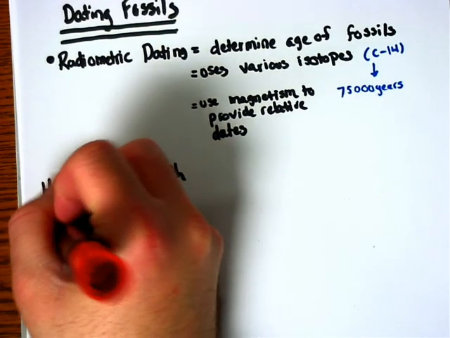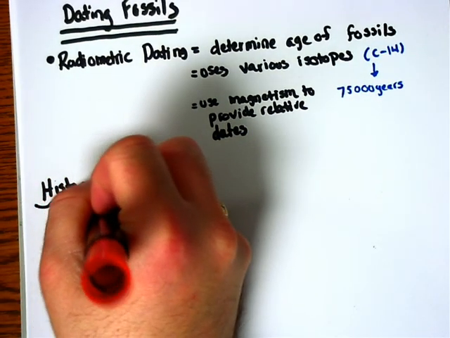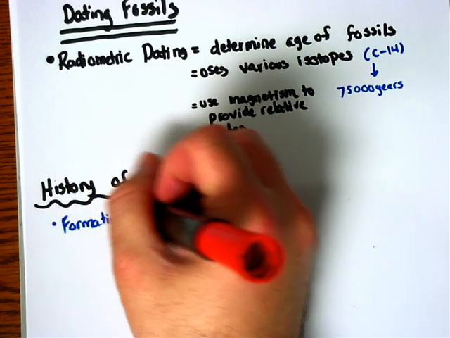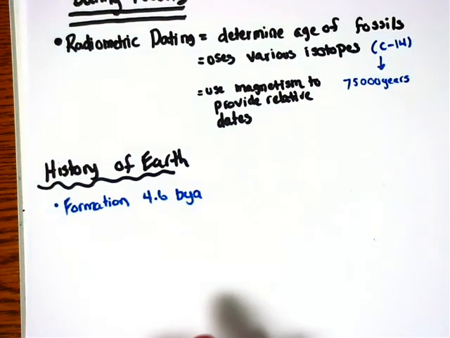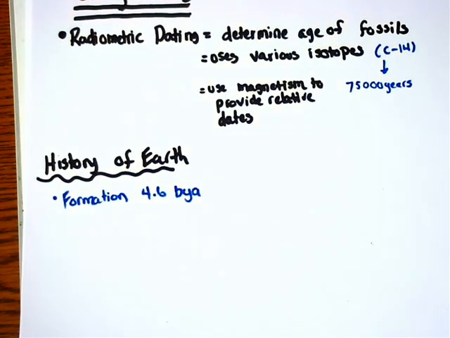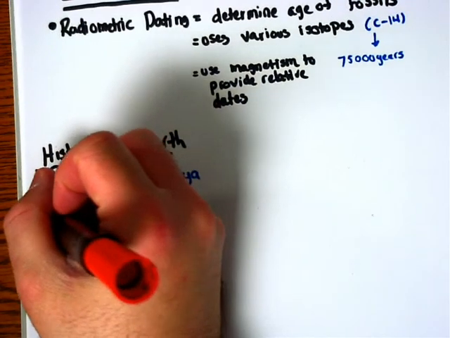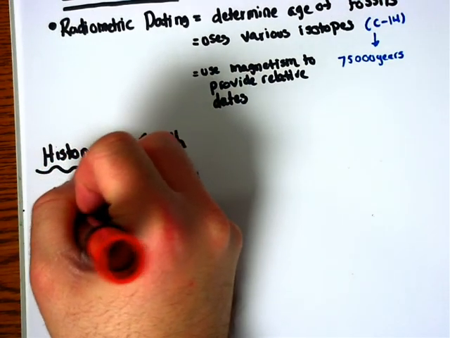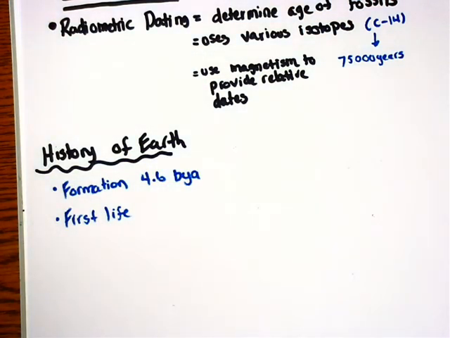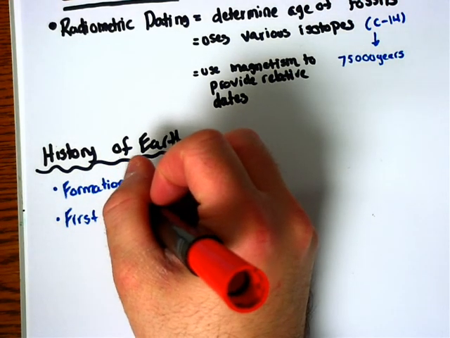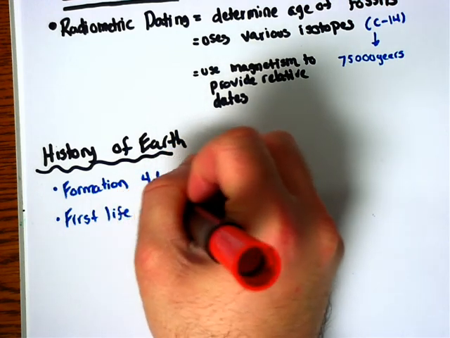So, formation, 4.6 billion years ago, BYA. The first life or the first living creature, which would be post a protobiont. So this would be a protobiont that is actually a real cell. It would be about 3.5 billion years ago.